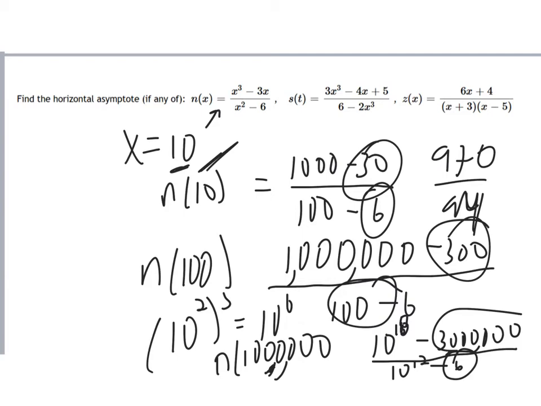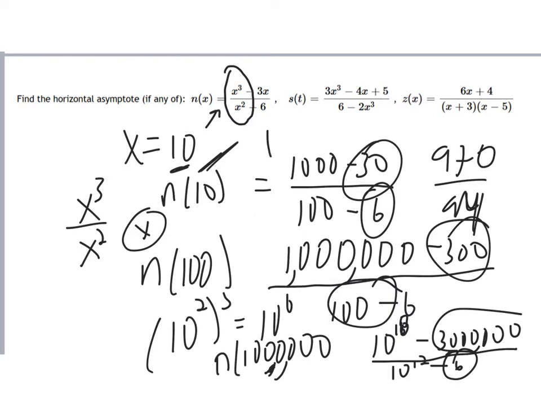So what we really only have to look at is those leading terms, and because the numerator is growing faster than the denominator. If I have x cubed over x squared, can I cancel out an x squared, and that leaves me an x? So as x gets really big, n of x gets really big. So what that means is this graph doesn't settle down to a horizontal asymptote.